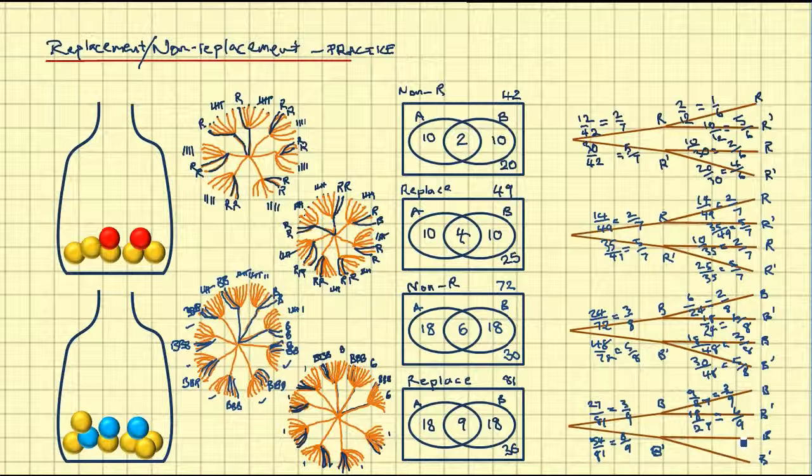Let's have a look at this branch then. Getting a blue, given that I did not get a blue, so it's this 18 and 36. So this time it's going to be out of 18 and 36, which is 54. Given that I did get a blue, it's going to be this number here, 18. So it's 18 out of 54.